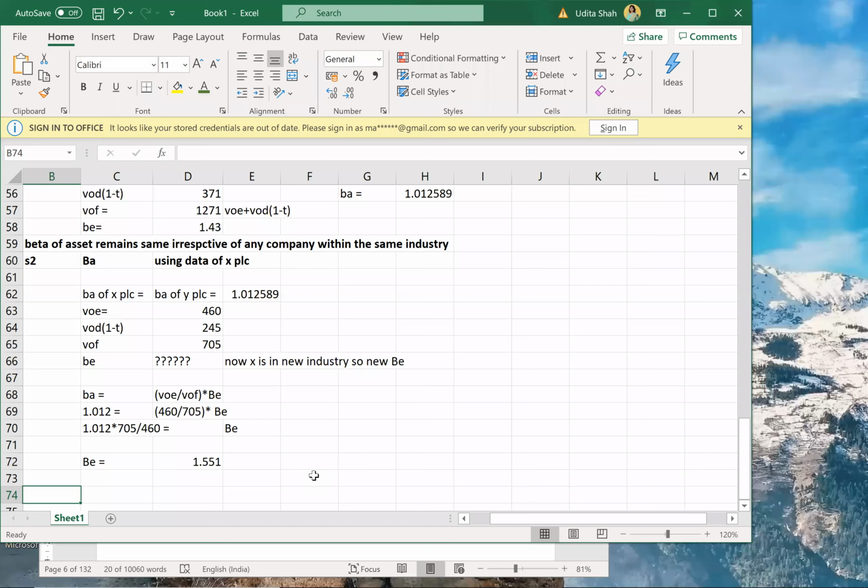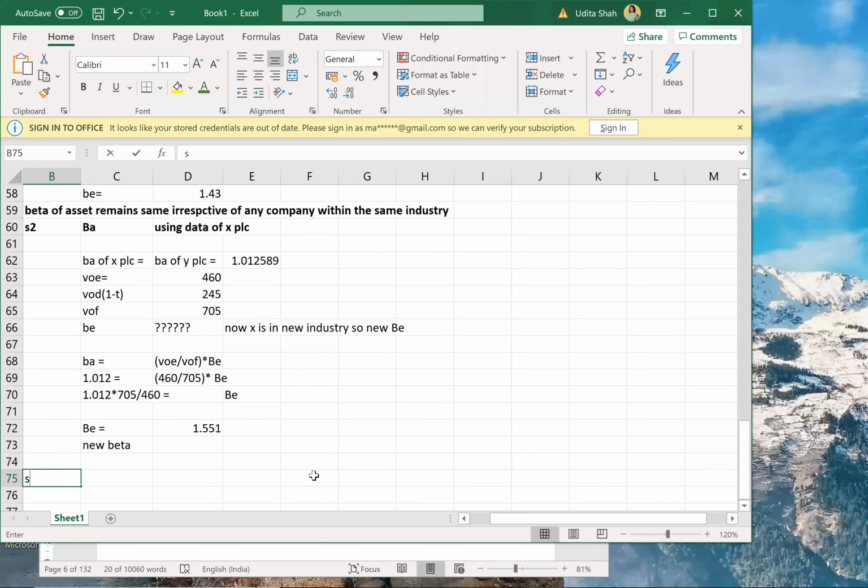This is my new beta. This is my new beta. So step 3, what I'll do? Step 3, I'll calculate KE using the new beta. So I'll calculate KE using the new beta.